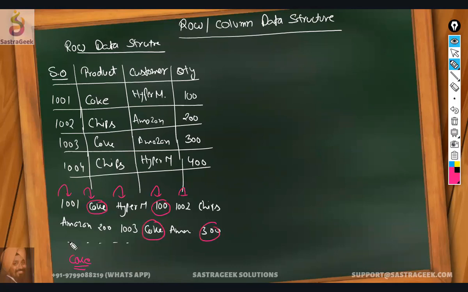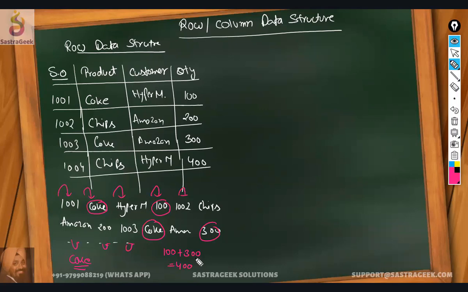It will not stop the search here. It will continue till the table end. And then it would come back that the total quantity of open orders for Coke is 100 plus 300, 400. So that would be the outcome with this row data structure without index, where the system needs to read a lot of data and then come up with the output.